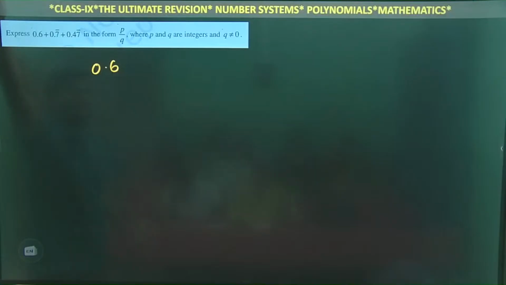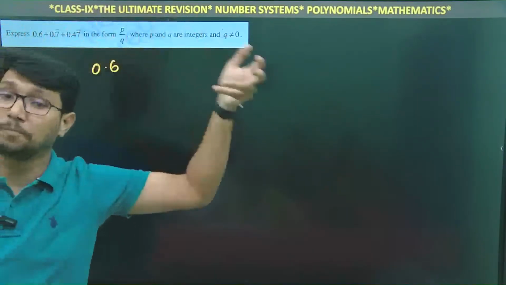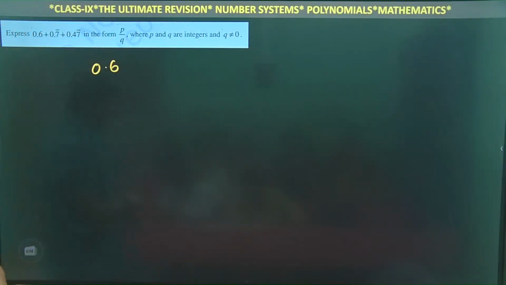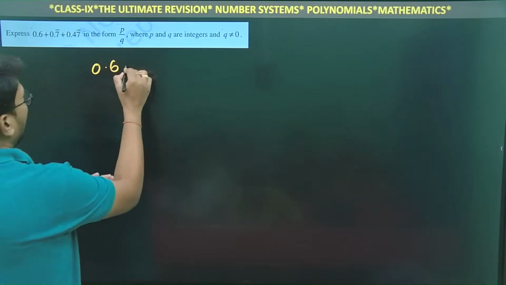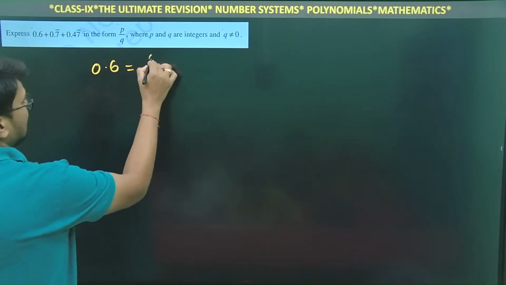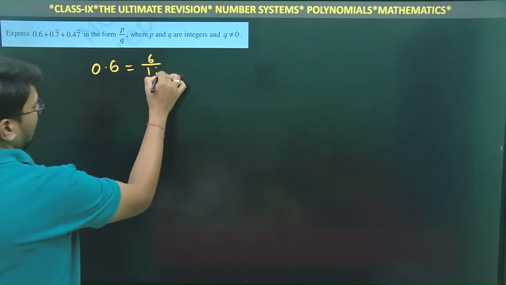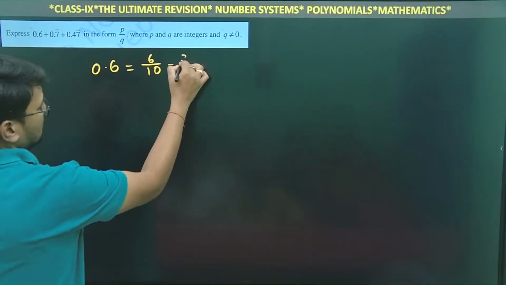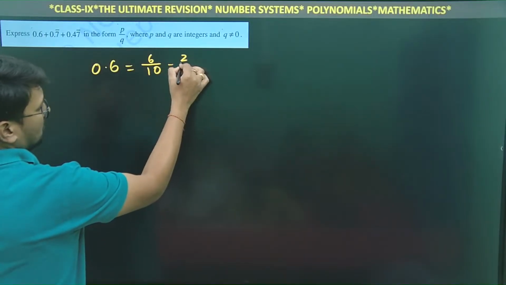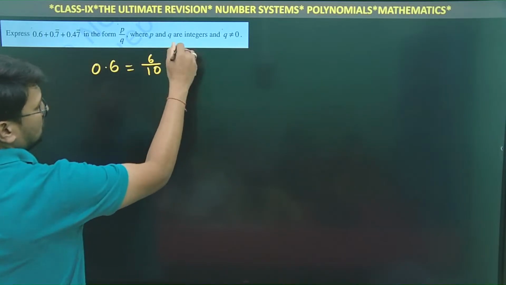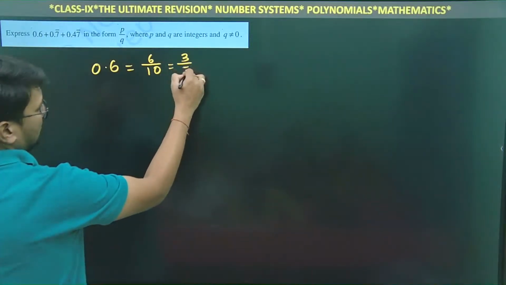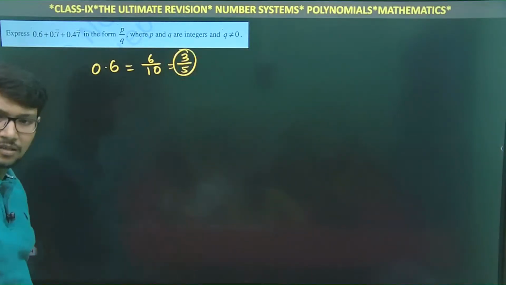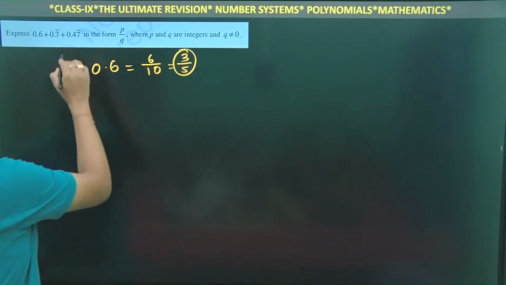It is rational, but terminating. So all the terms you write in p by q form. So you can write 0.6 as 6 by 10, that is 3 by 5.